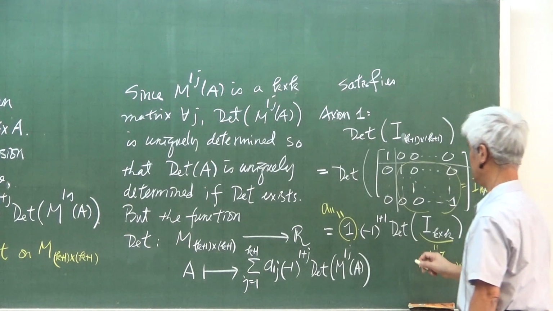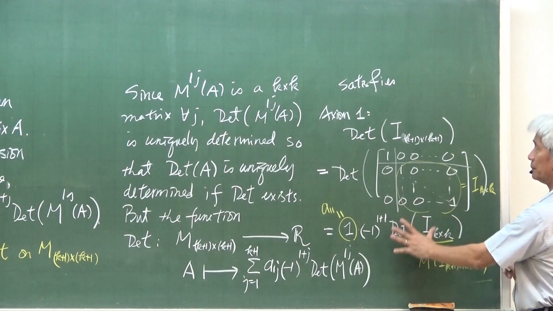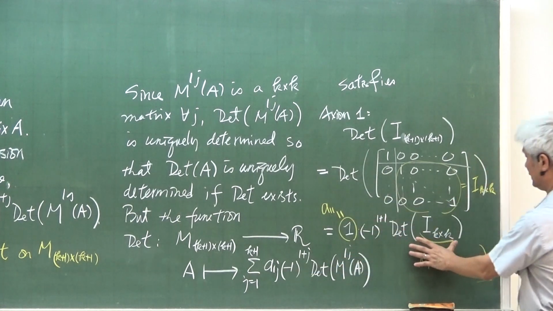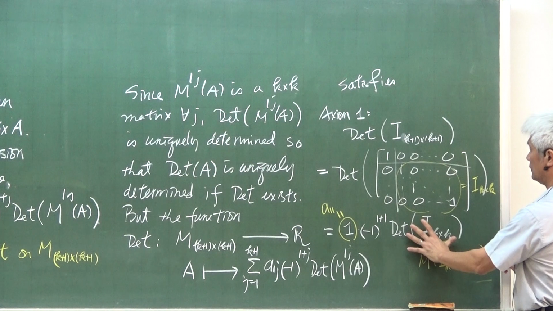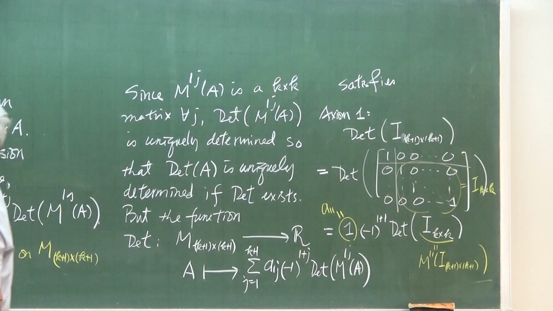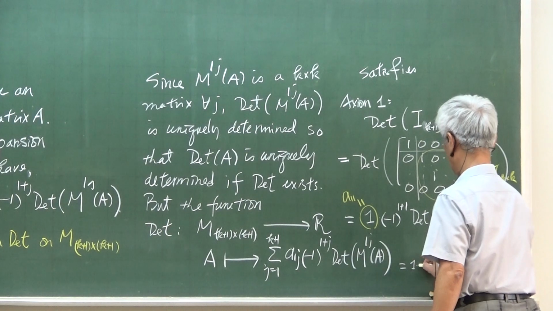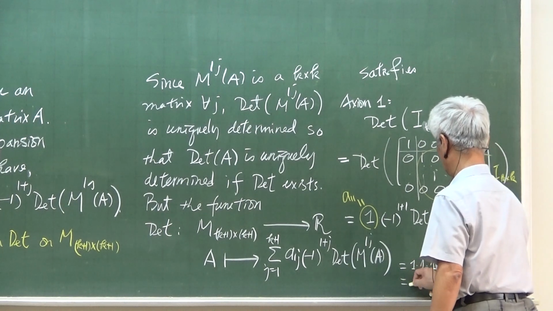And so this is 1, because by induction there exists a unique determinant function for n equal to k. So this is 1 times 1 times 1 equals 1.